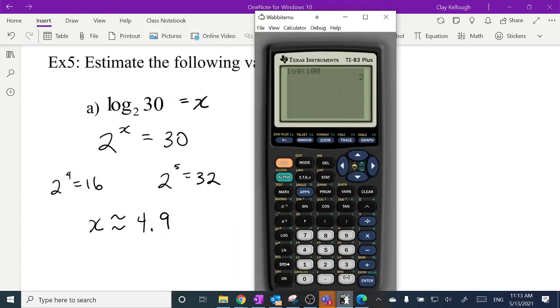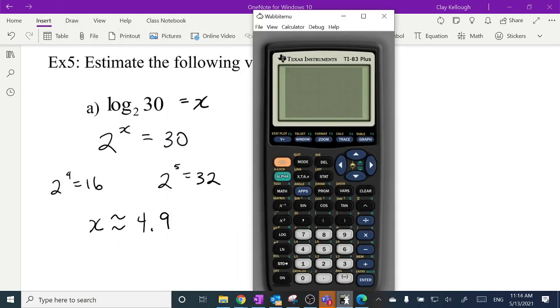Now, let's move you over a bit. So let's see. Does 2 to the power of 4.9 make 30? Pretty close. It certainly rounds to 30. What if I said 2 to the power of 4.91? Oh, we're too high. So it's going to be 4.90 something.